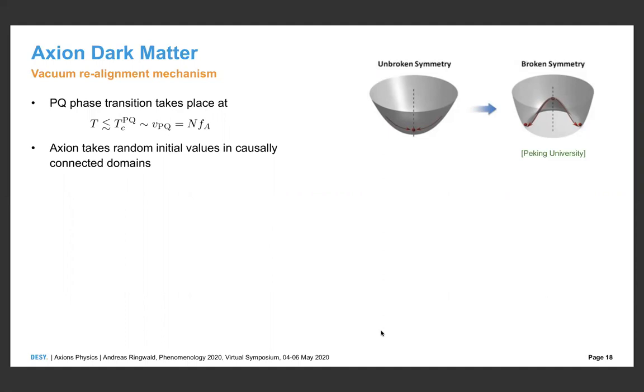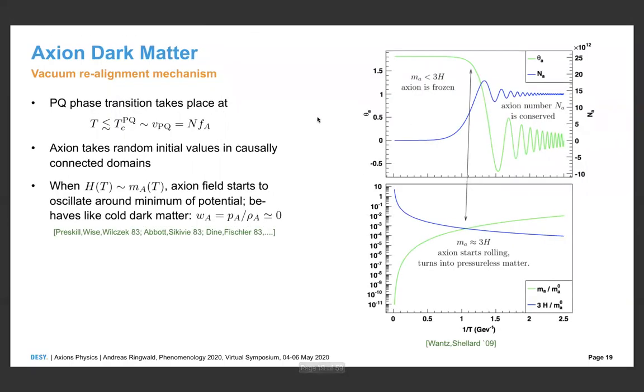The axion will take random initial values in causally connected domains, and then when the expansion rate of the universe is of the order of the axion mass, which itself depends on the temperature, the axion field will start to oscillate around the minimum of the potential, and it will behave like cold dark matter. So its equation of state will be around 0.